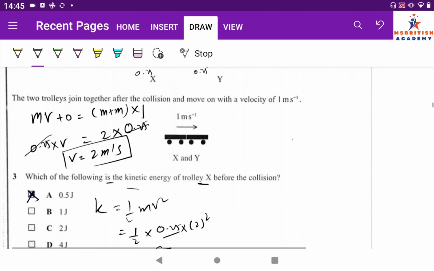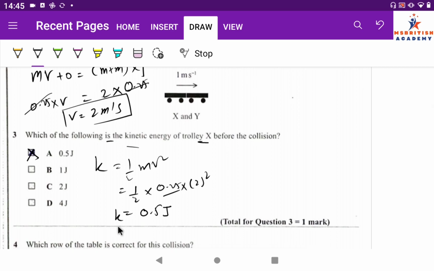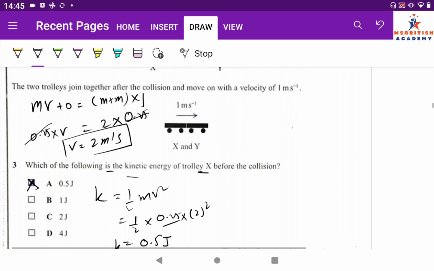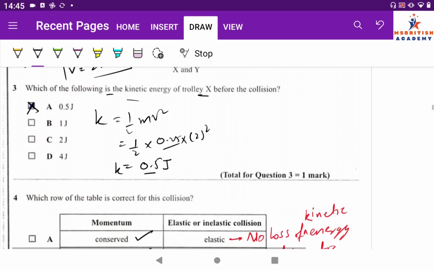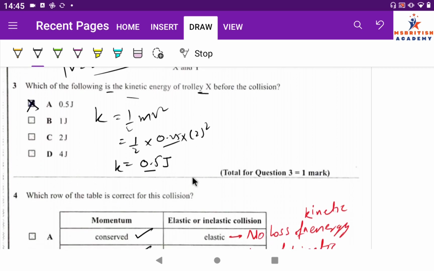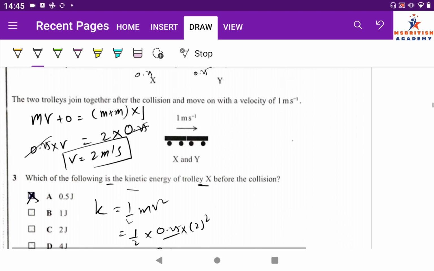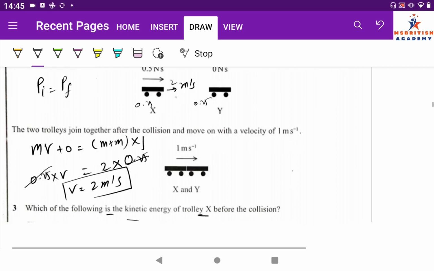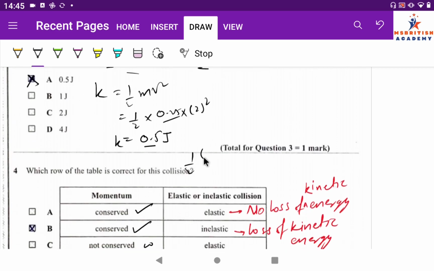So before the collision the kinetic energy was 0.5, and after the collision we have to solve. After the collision they move together, so half m, where m is 0.25 twice because it is the mass of X plus the mass of Y. So we write the mass 0.25 multiplied by 1 squared.